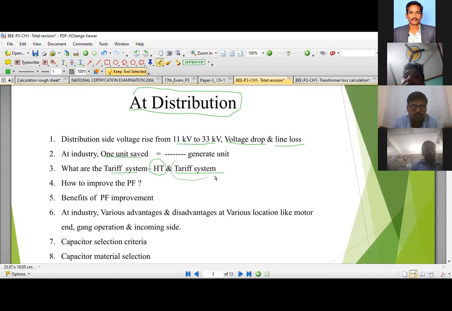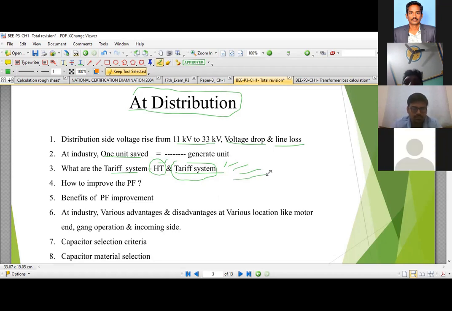This general tariff system is included. Energy charges, maximum demand, power factor penalty, meter rental. This is only what they ask for HT, and this is the whole tariff system. Okay. This is 1 mark they will ask. Can you understand? The remaining everything, you have to go through it.